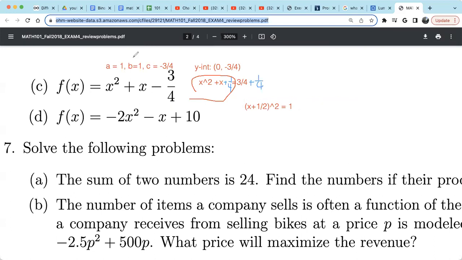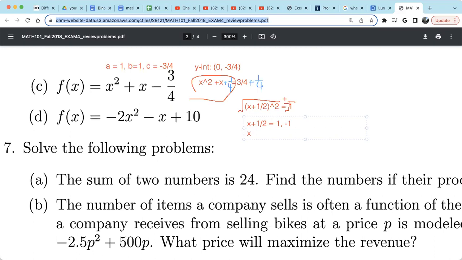So I'm in the perfect condition to take the square root because I have a perfect square on the left-hand side. Whenever I take a square root, I get plus or minus two values on the right-hand side. So x plus half equals plus or minus the square root of 1. The square root of 1 is 1.